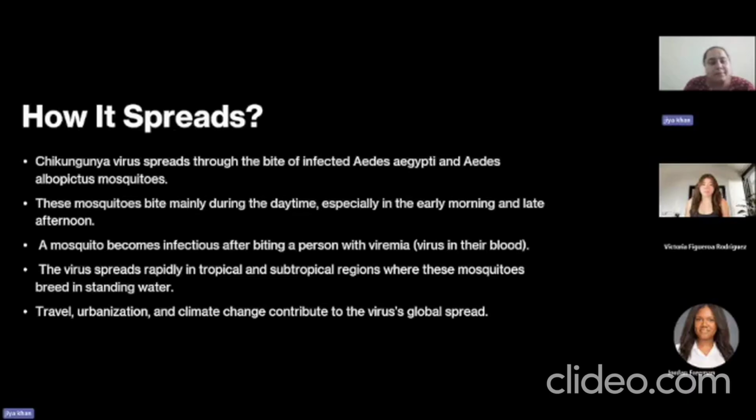When a mosquito bites a person who has the virus in their blood, it becomes infected and can pass this virus to other people. The disease spreads more easily in warm tropical regions where mosquitoes breed in standing water near homes. Urban growth, travel, and changes in climate also help these viruses spread to new areas around the world.